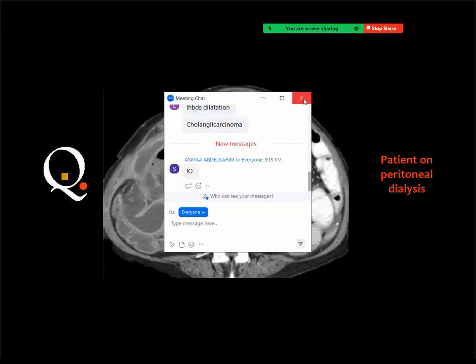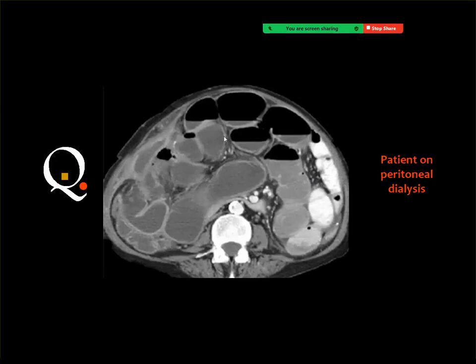Ileus. Small bowel obstruction is a good answer, and there is dilated loops with multiple air fluid levels. What is the cause? Ileus, oh okay, yes.